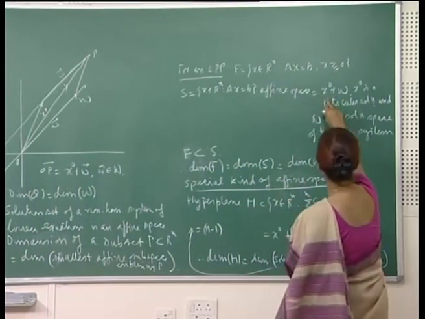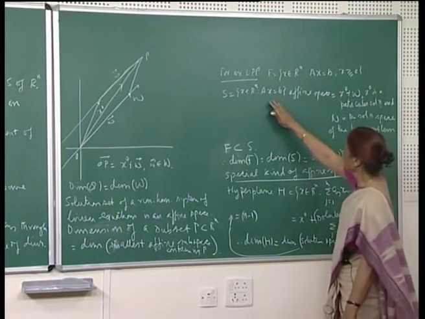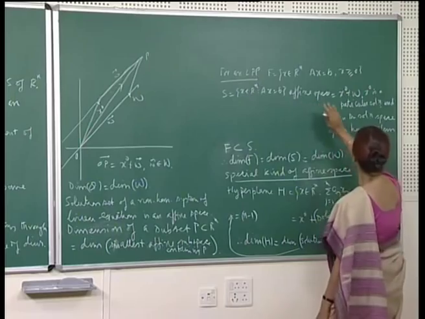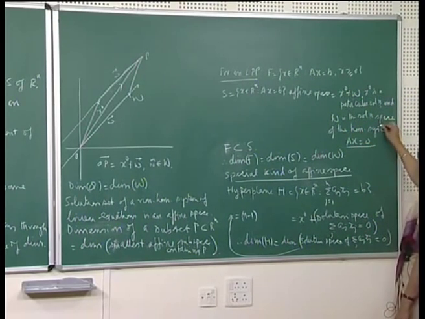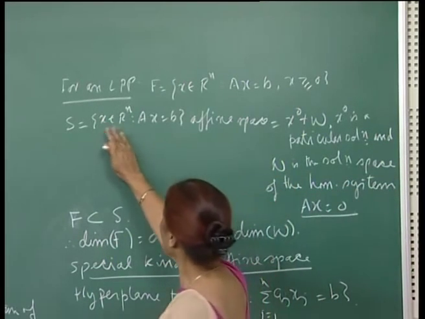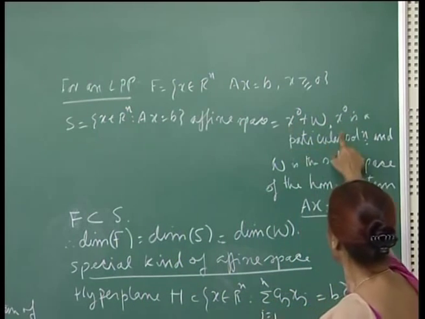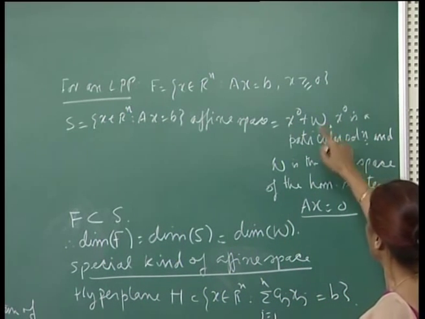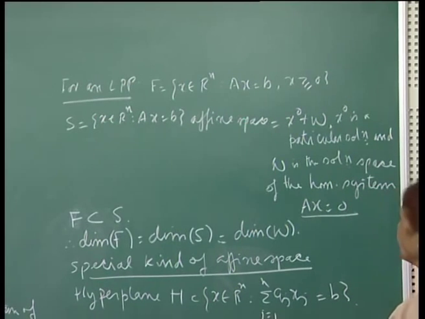So, this can be written as x naught plus W, where x naught is a particular solution, A x naught equals b, and W is the solution space of the homogeneous system A x equal to 0. This is a subspace. So, the solution set here can be obtained as a particular solution plus the solution space of the corresponding homogeneous system.